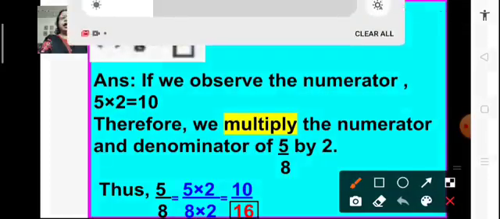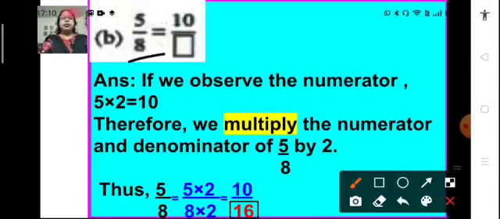Both the numerator and the denominator have to be multiplied by 2. If we multiply them by 2, what do we get? We get 10 upon 16. So the box will be filled by the number 16. So 10 upon 16 is the equivalent fraction of 5 upon 8.